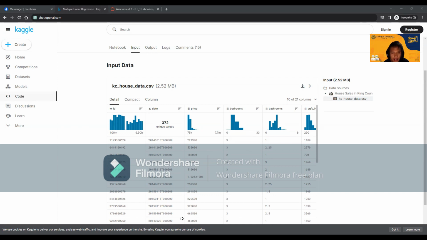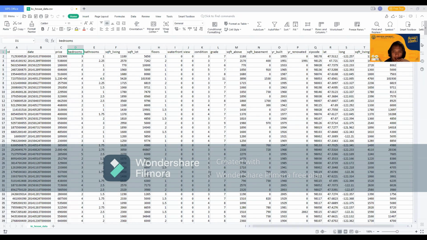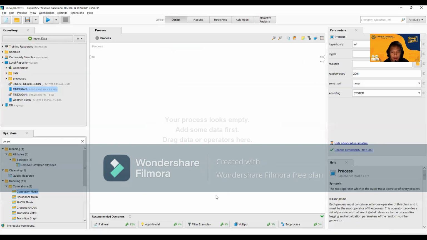To identify the independent variables related to the price attribute, I used RapidMiner to perform a correlation matrix.